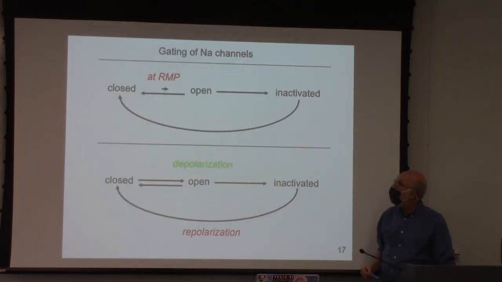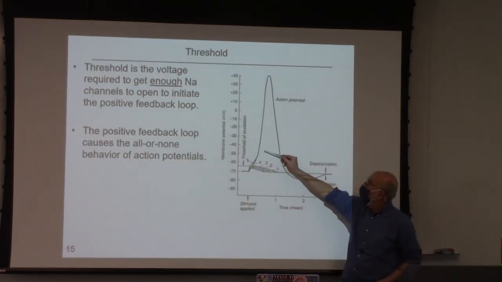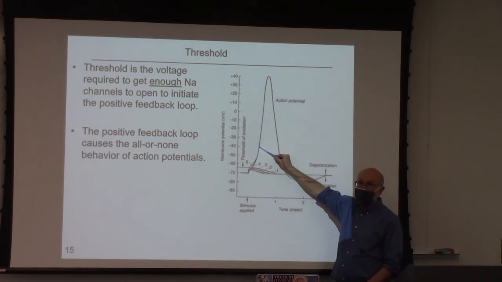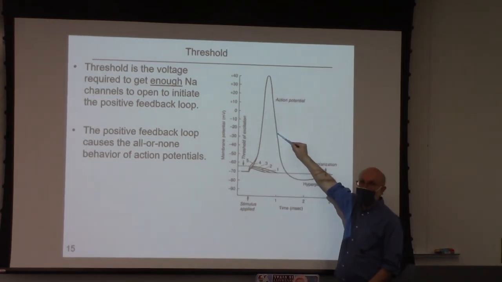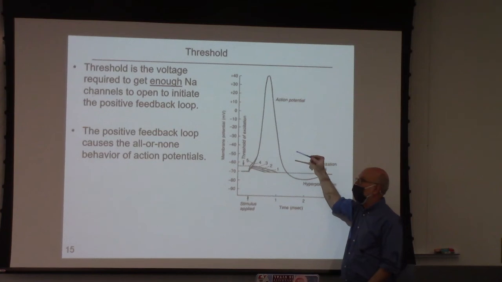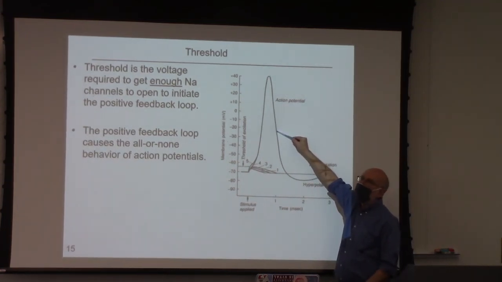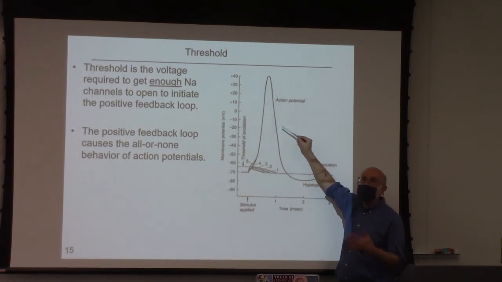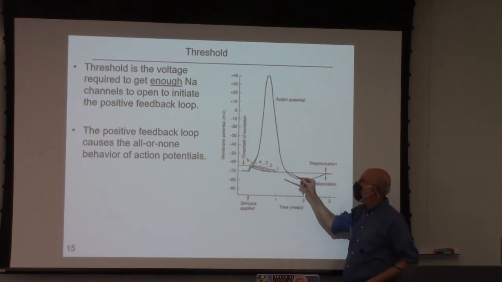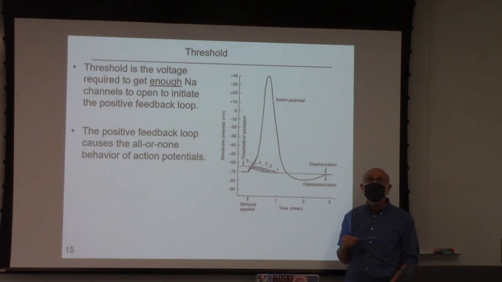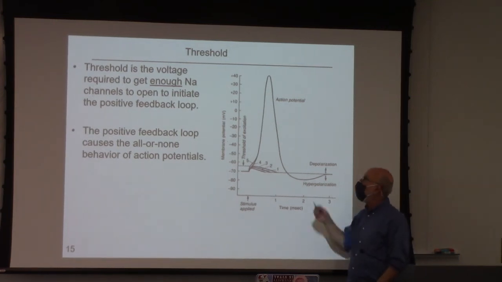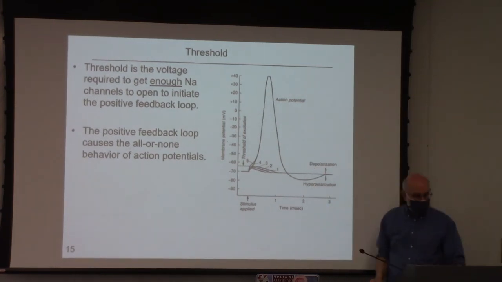So the voltage-gated sodium channels open first and then inactivate. The voltage-gated potassium channels open while the voltage-gated sodium channels are inactivating. They're intrinsically slower. It takes a few milliseconds as opposed to a few microseconds to get the voltage-gated potassium channels to open.